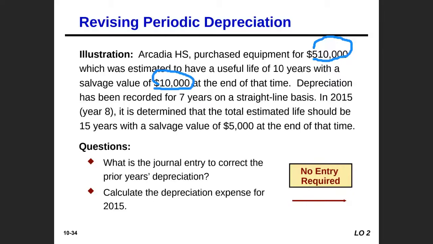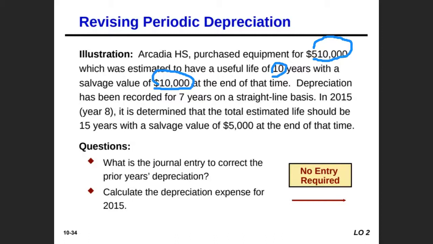From these three numbers, can we calculate depreciation under the straight line method? Can you give me a depreciation? What will be the annual depreciation? Who will give me the annual depreciation?